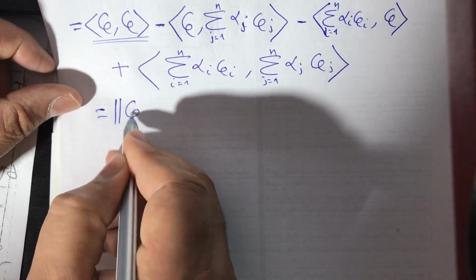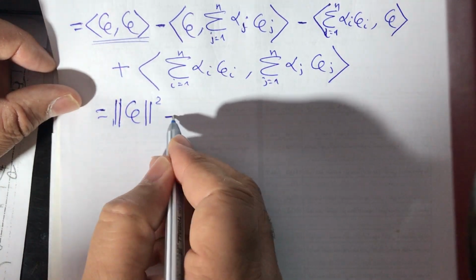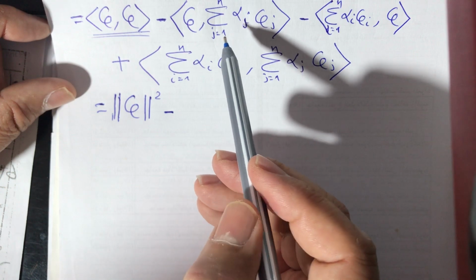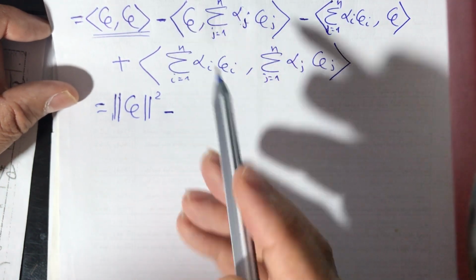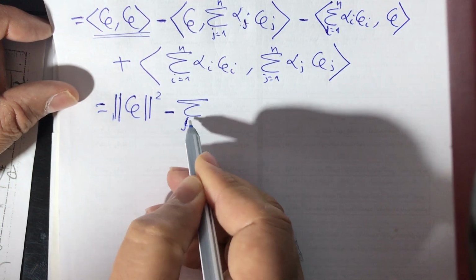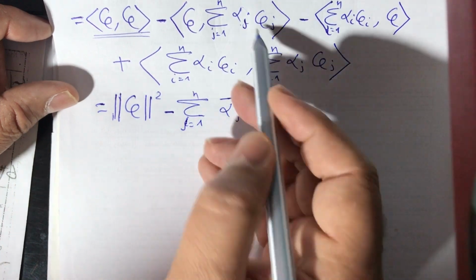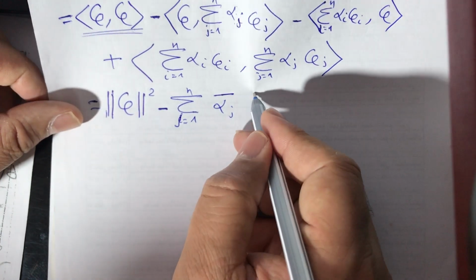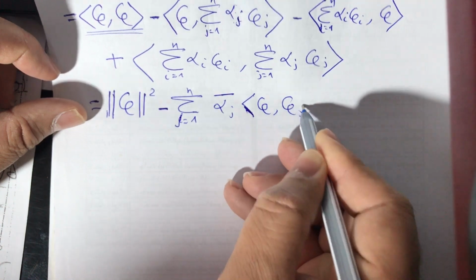Equal to norm of phi squared for this, and this is minus. Here we can move the summation and alpha j out of the inner product. It will be summation j equal to 1 to n alpha j conjugate, because this is on the right side, so it goes out as conjugate, and this is phi j.